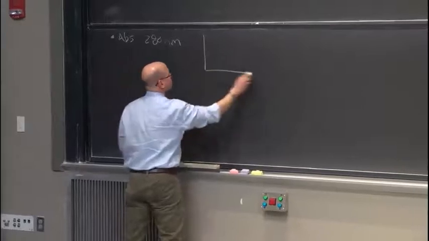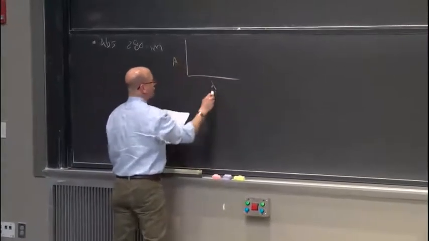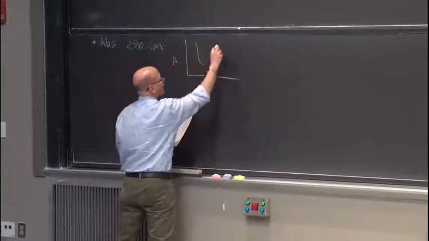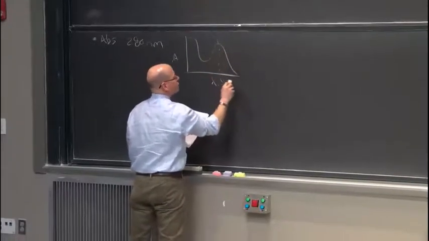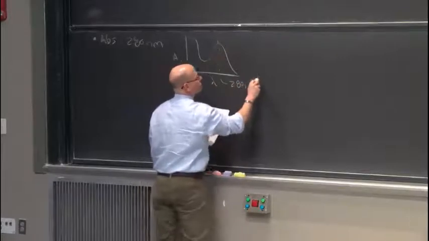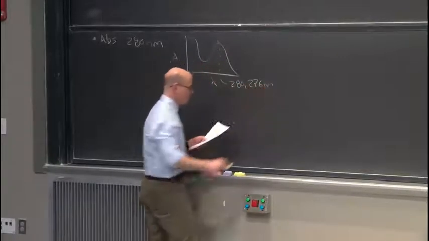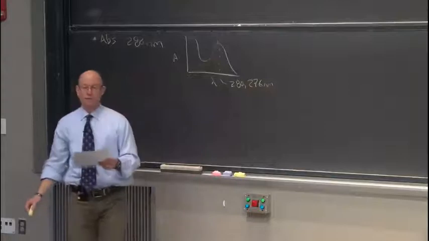We went through this already. If I plot the absorption as a function of wavelength, you know from the last lecture that I get an absorbance here that's either 280 or 276 nanometers, depending on whether I'm talking about tryptophan or tyrosine.